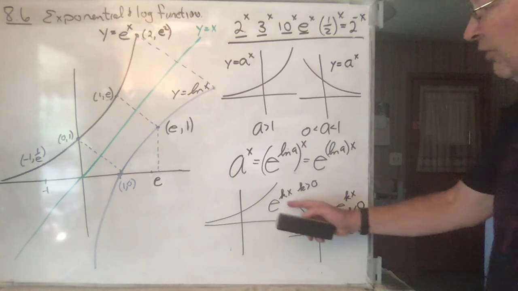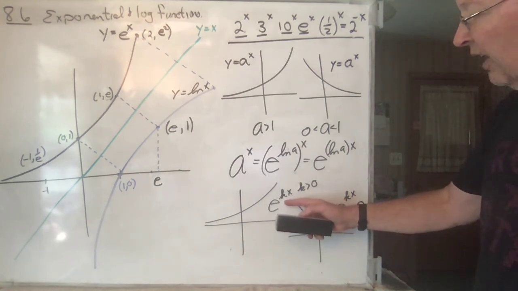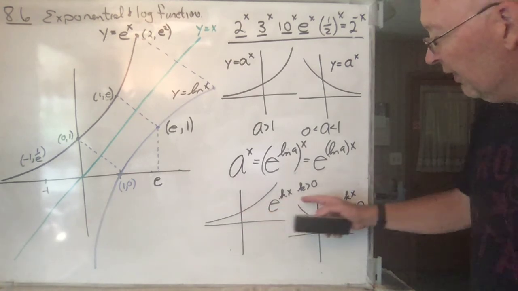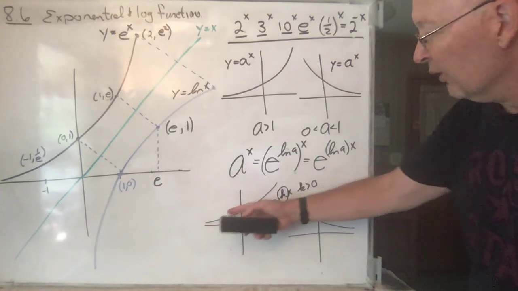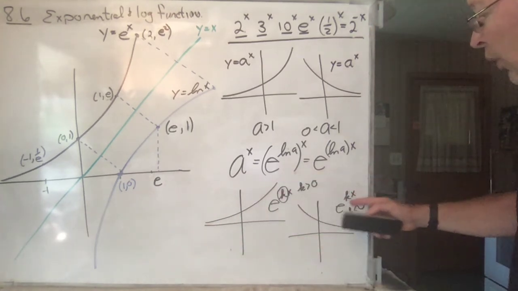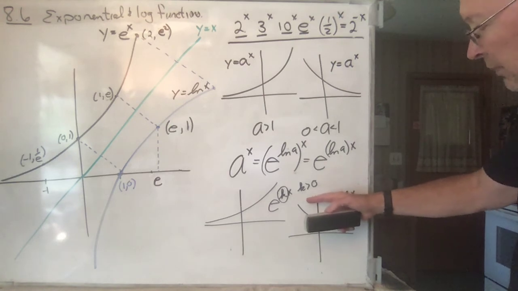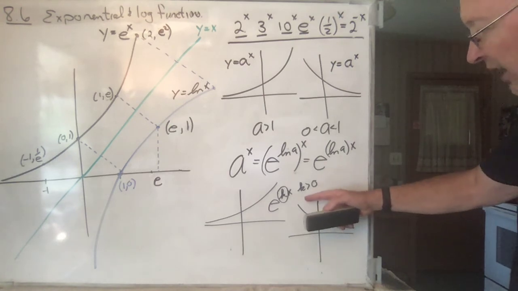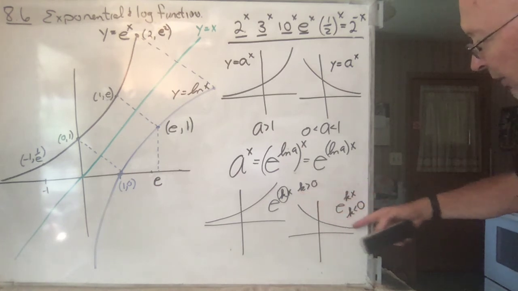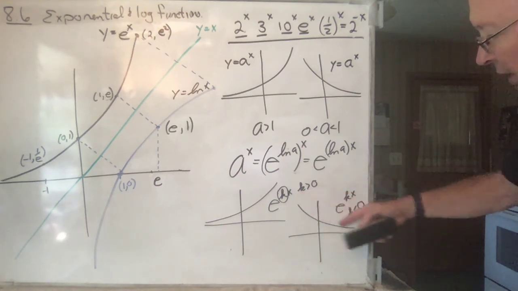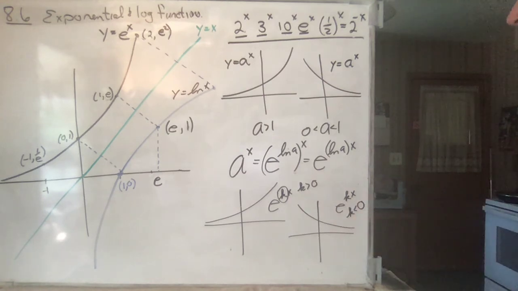Okay, and you'll see that in your book too. When your book has a population problem, then you had e to a positive number times t, and so you had population growth. When you had exponential decay, then you had e to a negative number times t, and you had something that decreased over time.